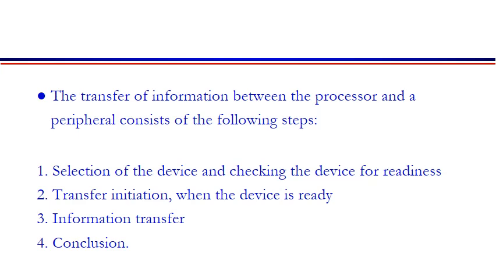So the transfer of information between the processor and the IO device consists of the following three steps. First, the device will be selected and it will be checked whether the device is ready or not. We have discussed in the previous lecture that the control unit will be responsible for the handshaking purpose.